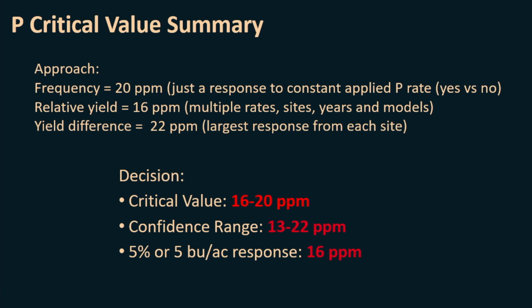But again, I think Jason doesn't fully realize that there's documents out there that are hinging on our documents, and I think it needs to be one number, but we'll have that conversation too. But anyway, with a 5% or 5 bushel per acre response at 16 parts per million, that's the risk you're taking if you use 16, according to the data he has.